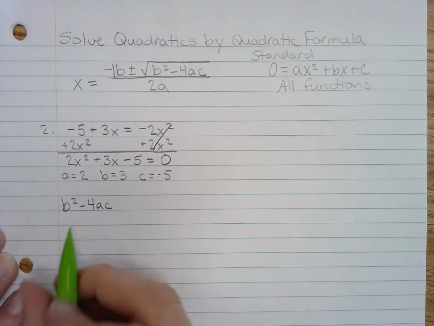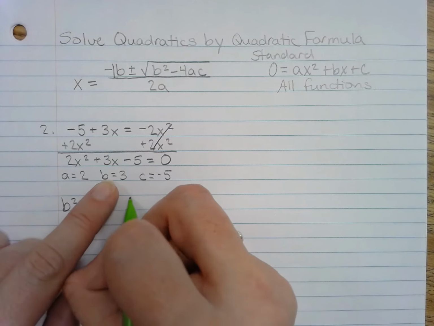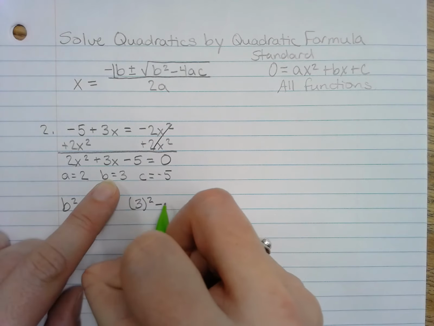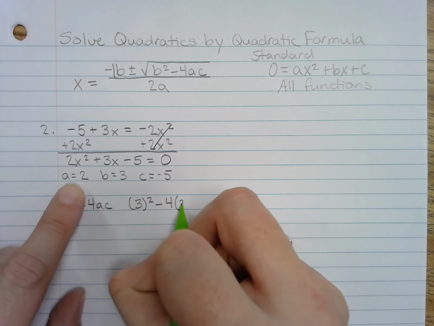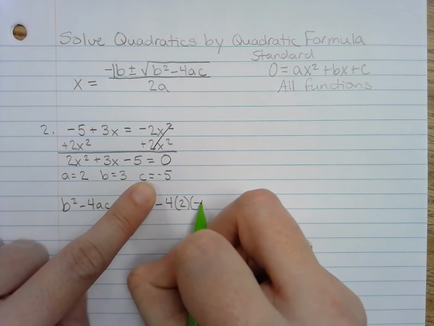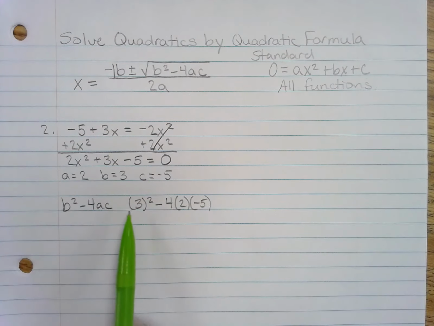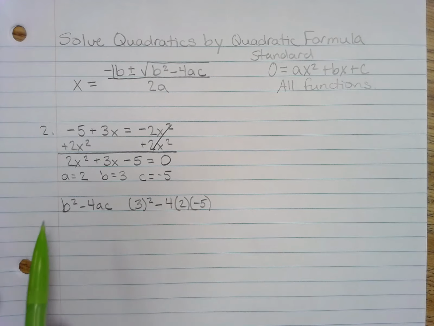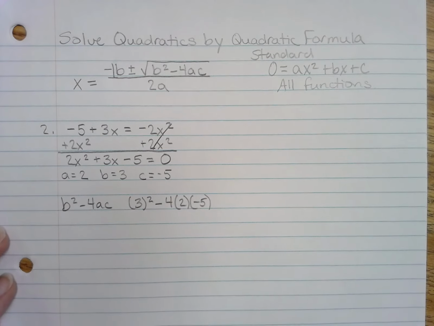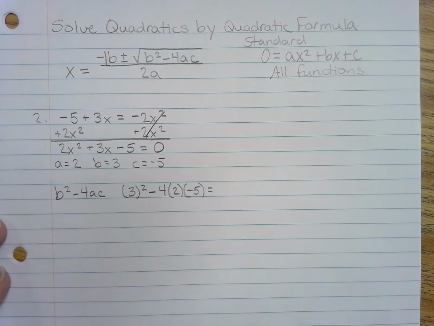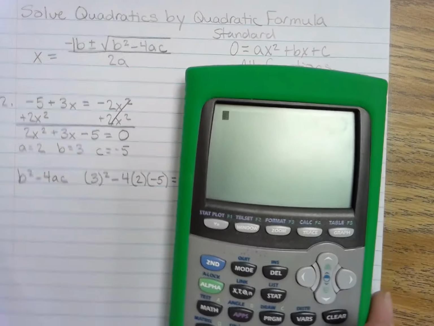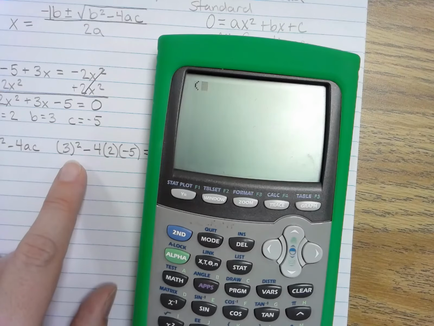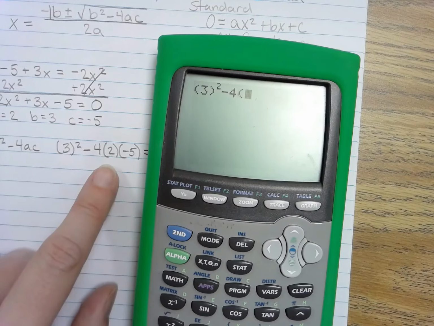So b squared minus 4ac, I take my 3 squared minus 4 times a times c, being very careful that I correctly plug in the numbers for a, b, and c into that formula. When I calculate the value of the discriminant, go ahead and type that into our calculator. We have 3 squared minus 4 times 2 times negative 5.